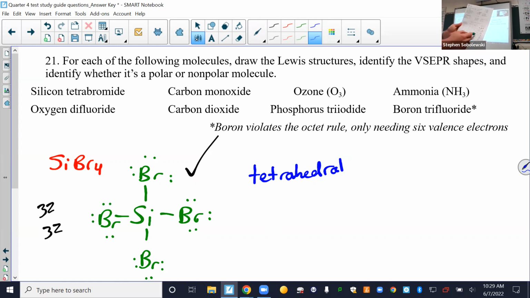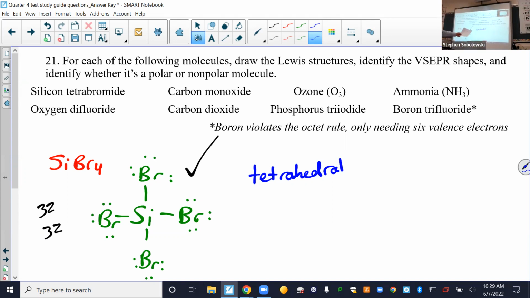Tetrahedral, no lone pairs, nonpolar molecule, as long as all the branches are the same. Trigonal pyramidal, lone pairs on the central atom, polar. Bent, 2 lone pairs on the central atom, polar. It's as simple as that. If you see those dots on this reference sheet, it's going to be a polar molecule guaranteed. If you don't see dots, as long as the branches are all the same, nonpolar molecule.